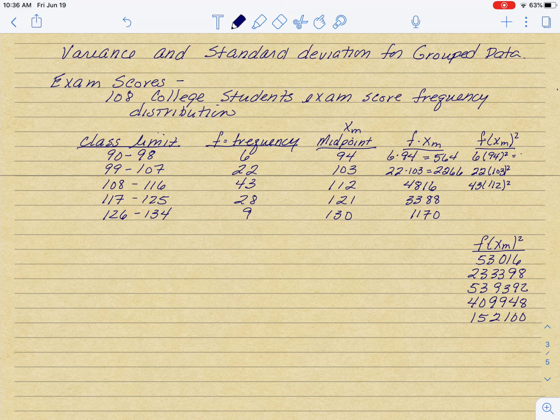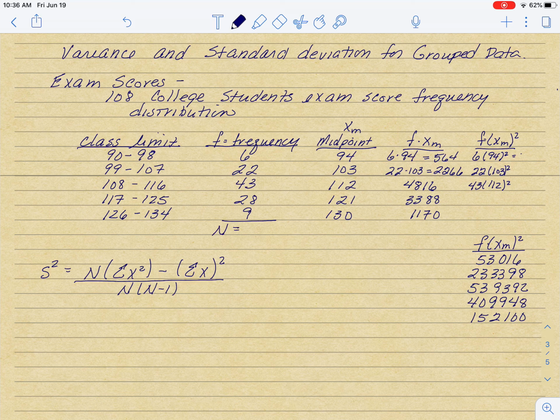Now, we've got these things, and what we're trying to do is fit these into our formula that says the variance is the number of data points times the sum of the squared points minus the sum of the points squared, divided by n times n minus 1. Now, we've got to use these data sets to figure out these different variables in here. The first thing is frequency.